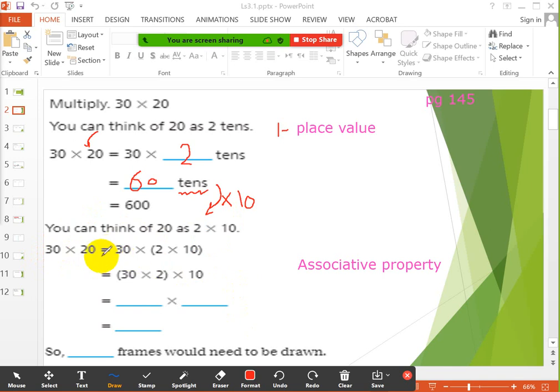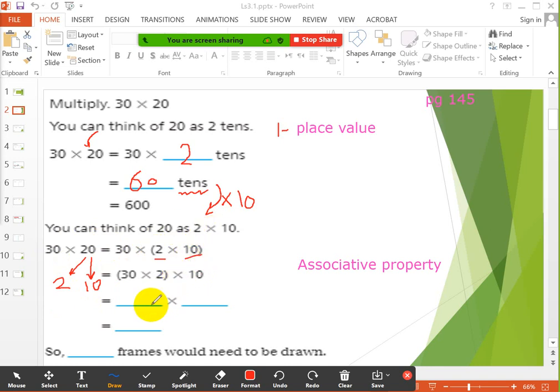Look, I will break down 20 into 2 multiply 10. If you multiply 2 with 10, it will be 20, right? So I will break down this number into 2 multiply 10. Why will I do that?